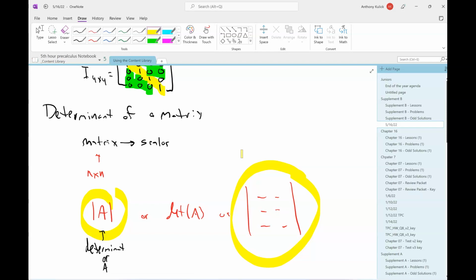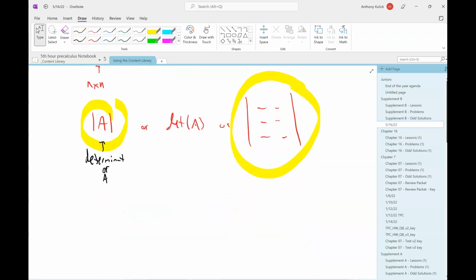The vertical bars around a number is absolute value. Okay? So there's no such thing as the absolute value of a matrix. Not a thing. We're talking about determinants. Okay. So let's talk about how you do that.